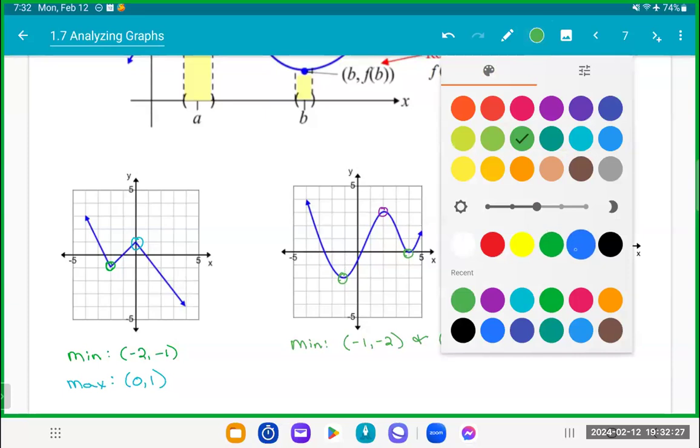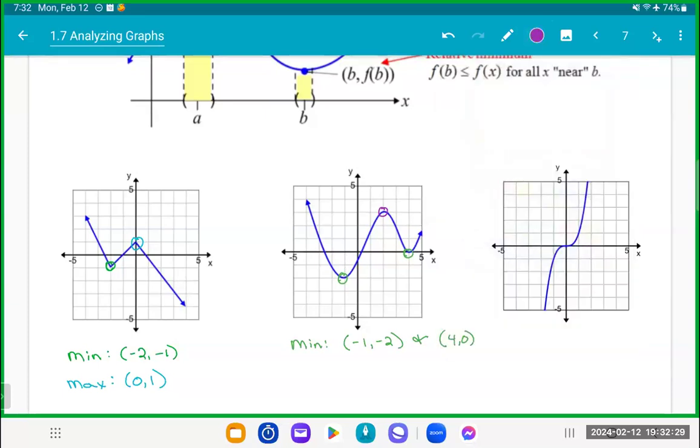Then I'll have that maximum at the point 1, 3, so that is x equal to 1, y equal to 3.